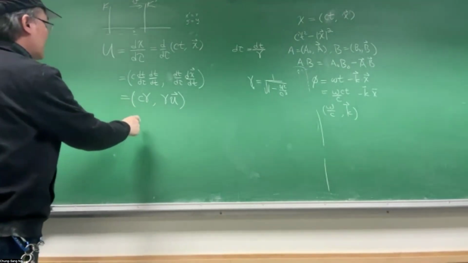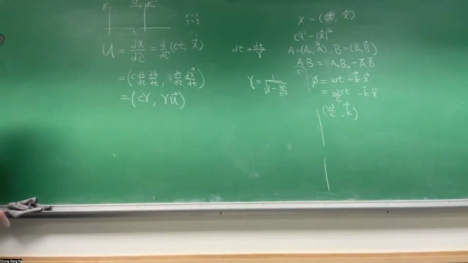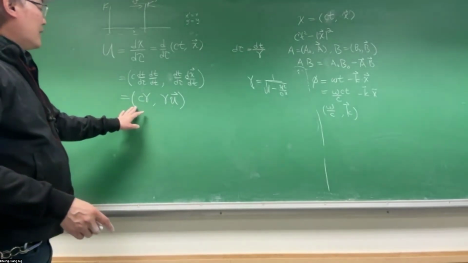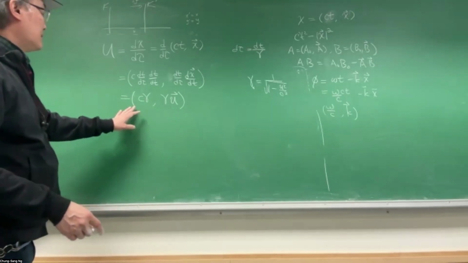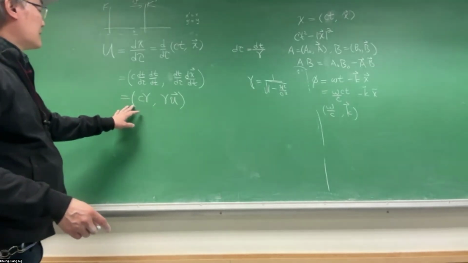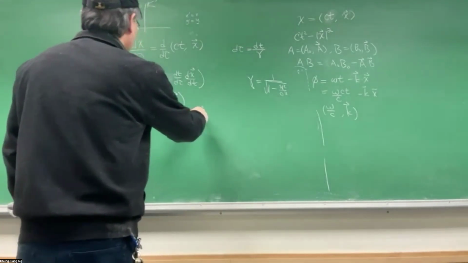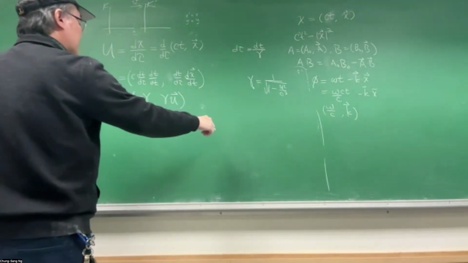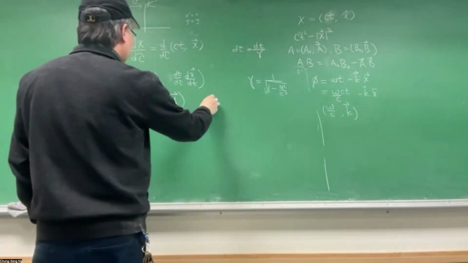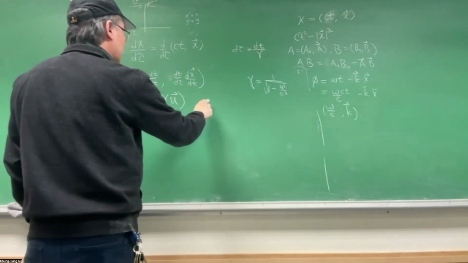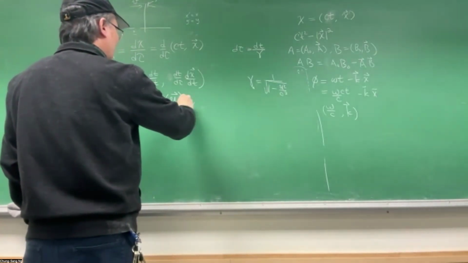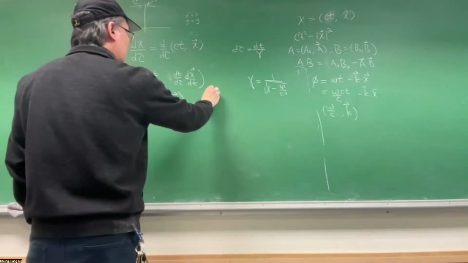Okay, so that is the velocities. And so the transformation is that, first of all, the perpendicular component is unchanged for gamma u.